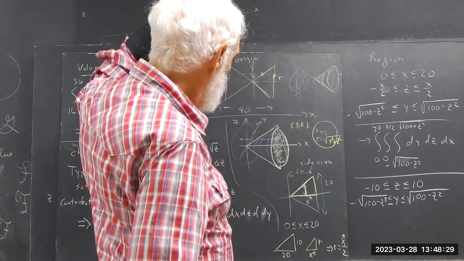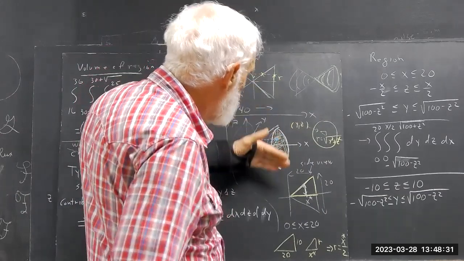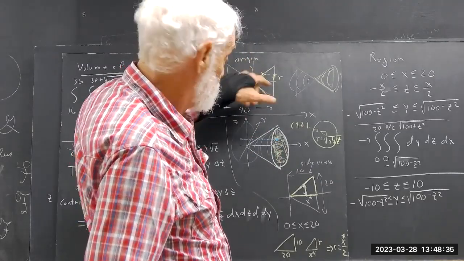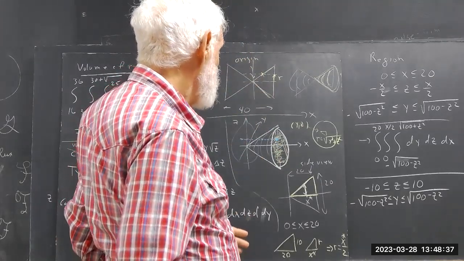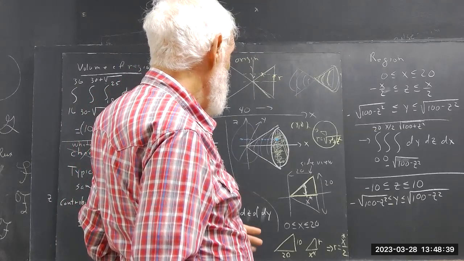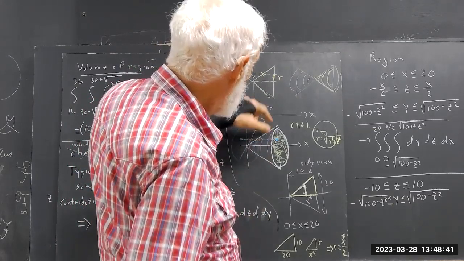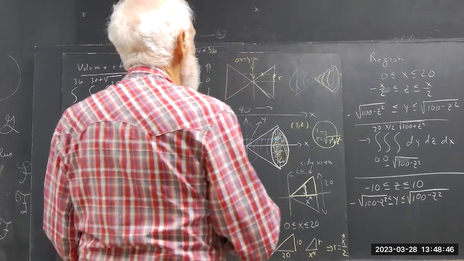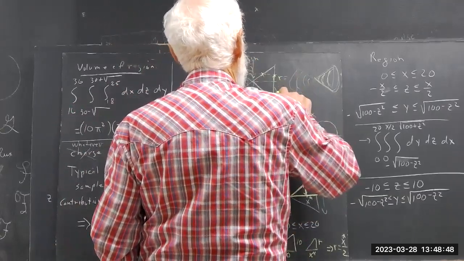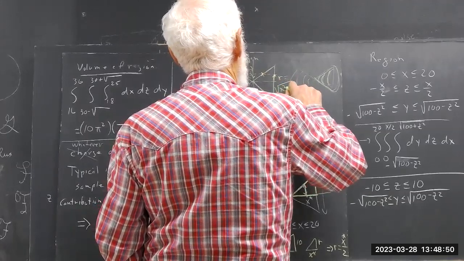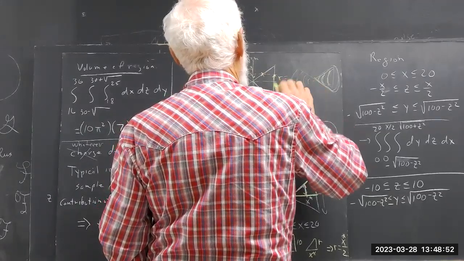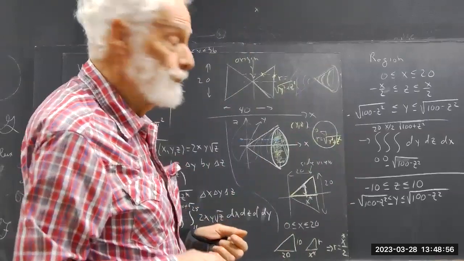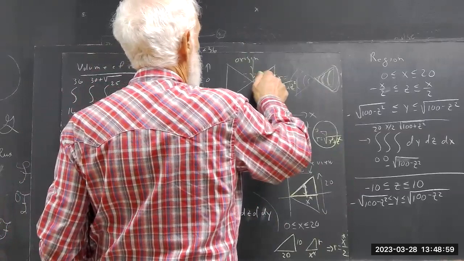And if you slice this thing through this point on the x-axis, it's still going to look like this, and you're still going to be the distance r. Question is how far you go here?